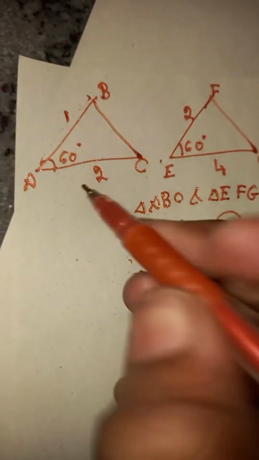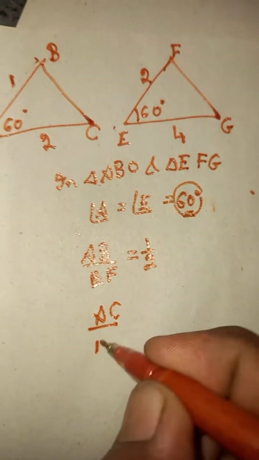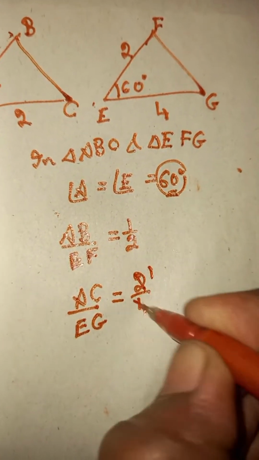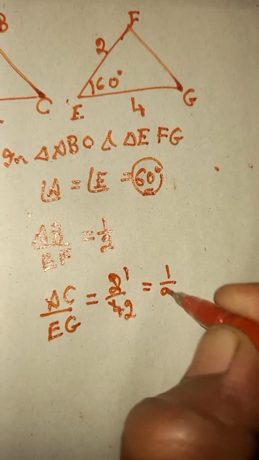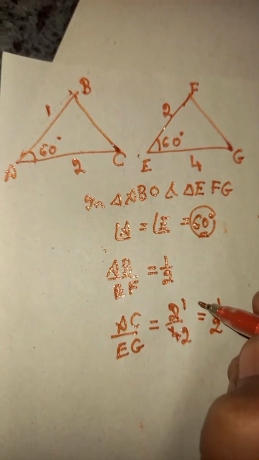And taking this side with this side, AC by EG, it is equal to 2 by 4, which simplifies to half. So this is also in exact proportion, equal to half.